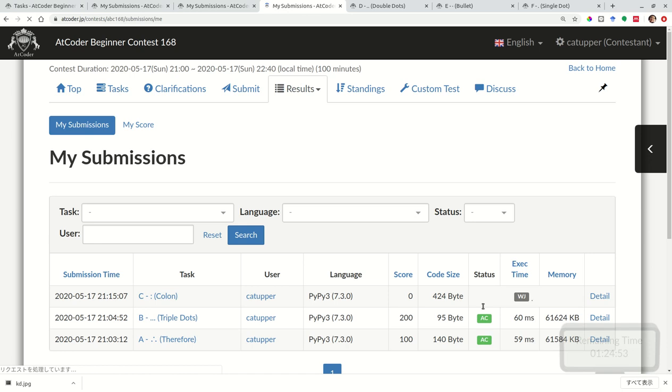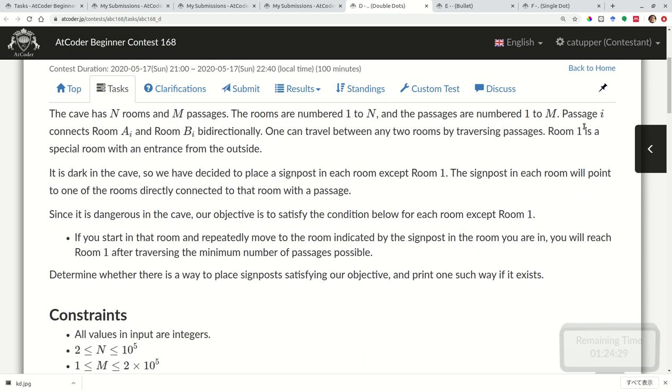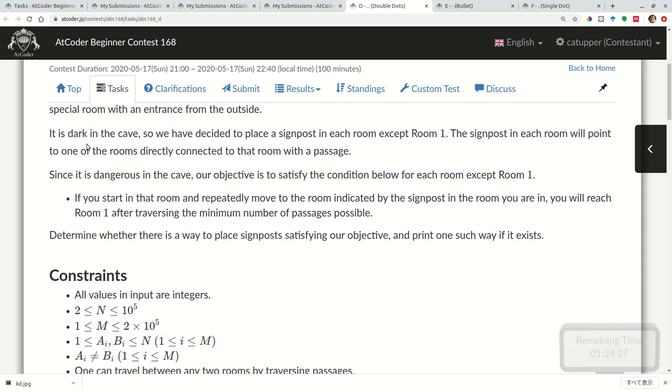And let's do D, double dots. There is a cave. The cave has n rooms and n passages. The rooms are numbered from 1 to n, and the passages are numbered from 1 to n. The passage i connects... Oh, this is just a graph, a bidirectional graph. Room 1 is a special node. It is dark in the cave. We have decided to place signposts in each room except room 1.